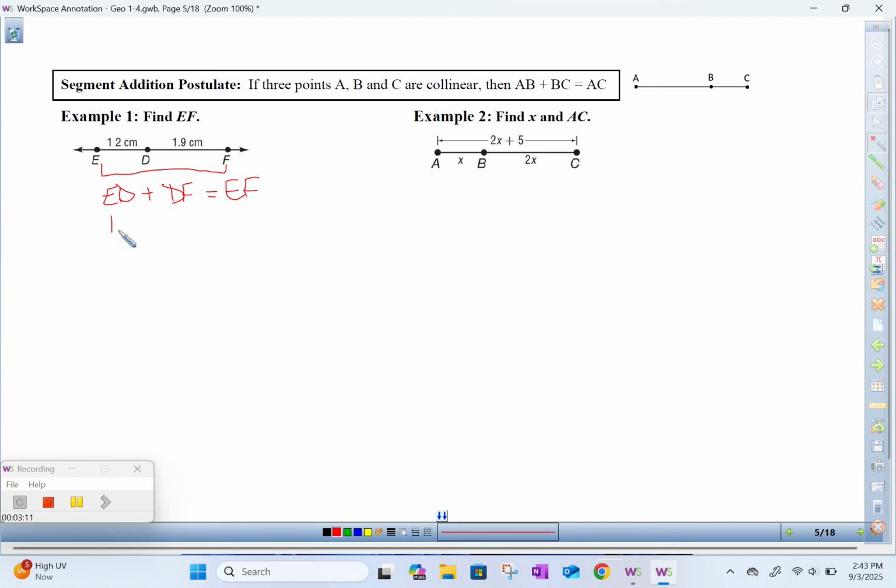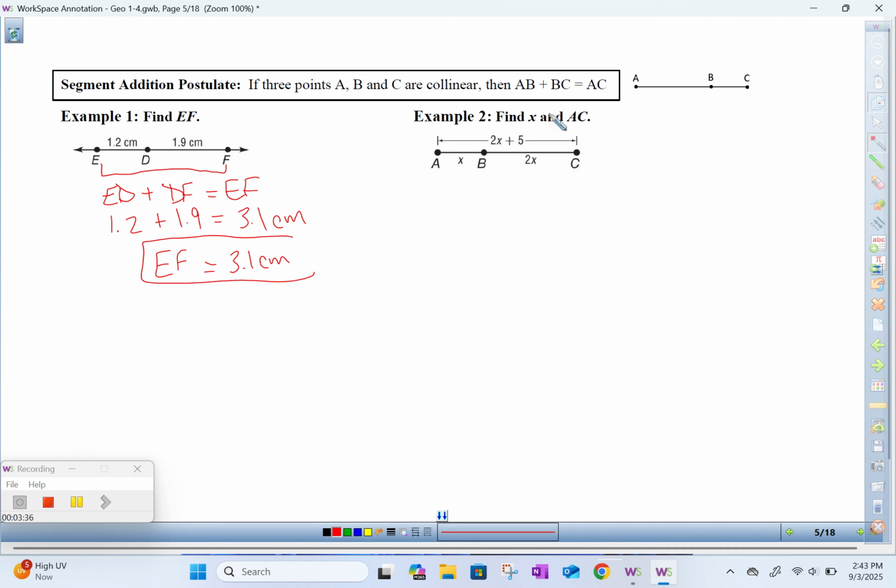So ED was 1.2. And then we're adding 1.9 to get a final length of 3.1 centimeters. And that's it. So just for practice, we're going to say EF, the length of EF, so no segment bar, is equal to 3.1 centimeters.